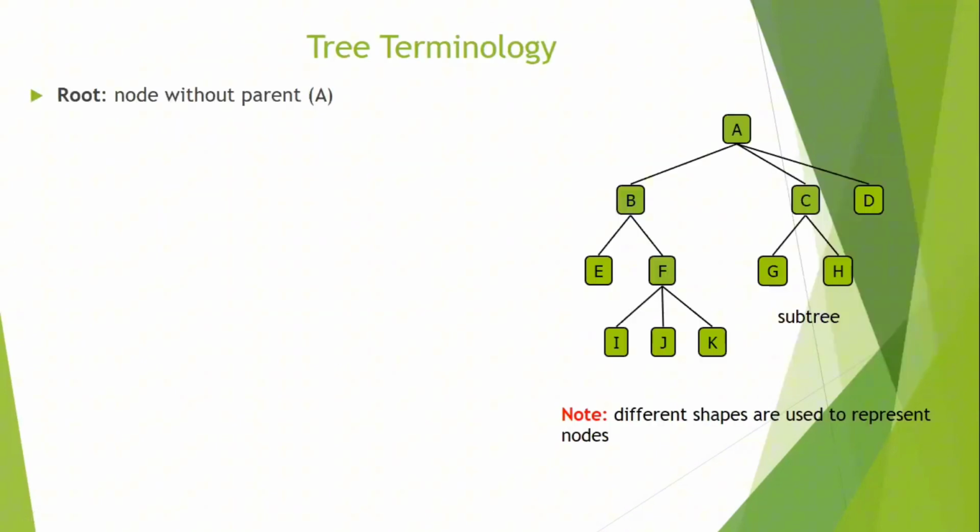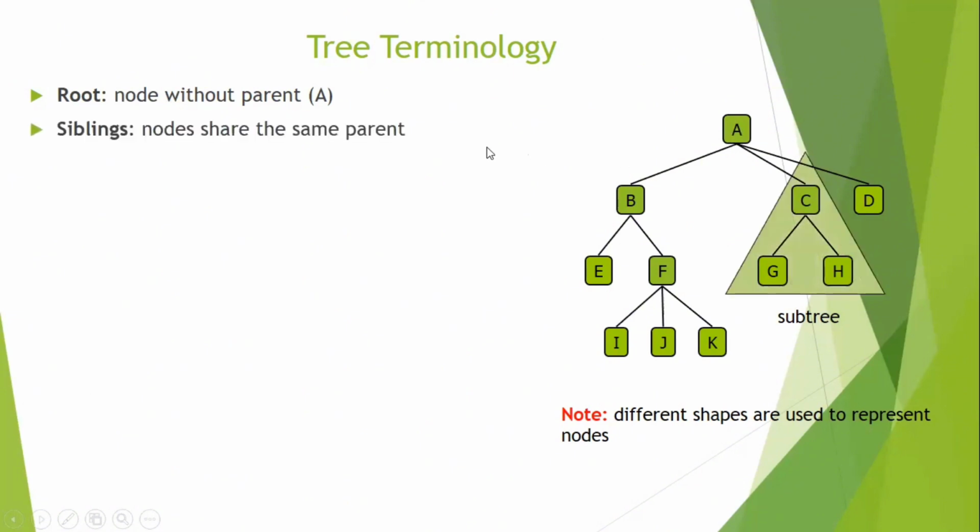So here are the tree terminologies. The root is the node without a parent. In the illustration, the root is A. Next are siblings, nodes that share the same parent.